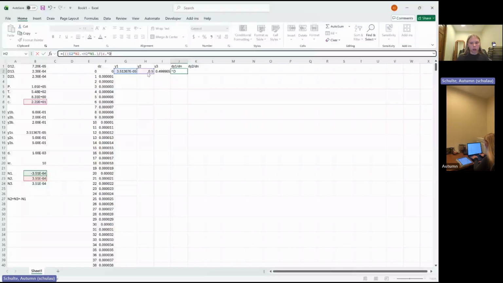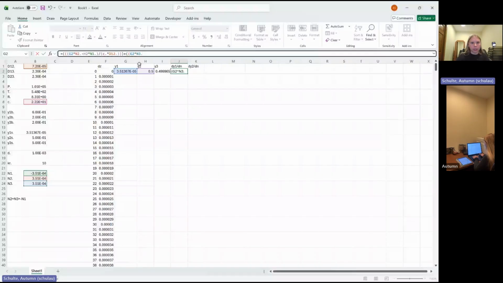And then you are going to add that to the mole fraction of ethanol multiplied by the molar flux of our hydrogen.